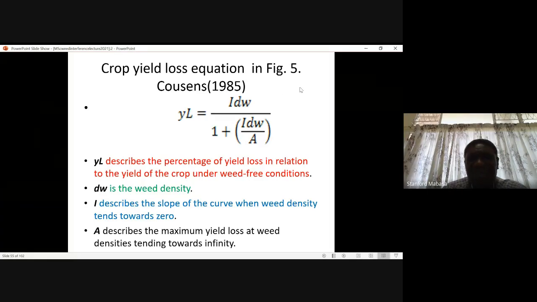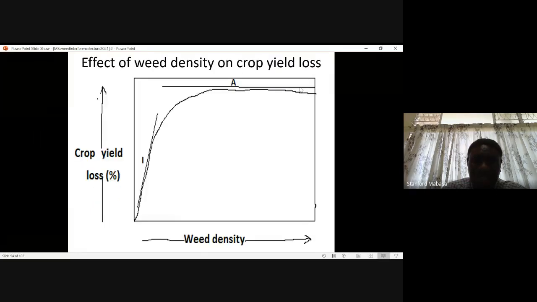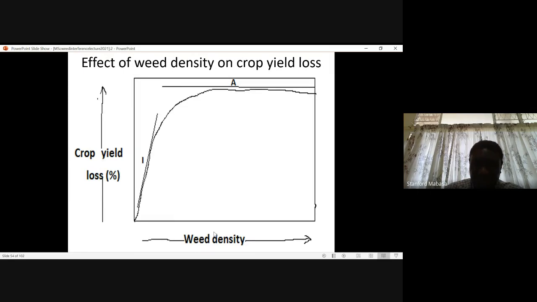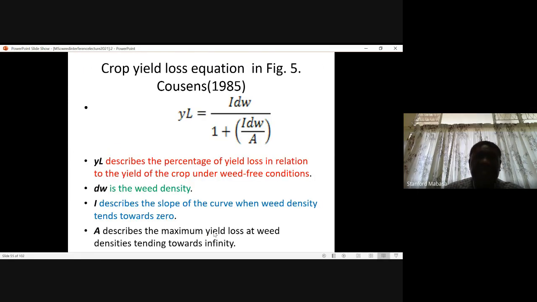The slope of the graph multiplied by the weed density. Let me go back to the graph. Weed density is here, and it is represented as Dw, sorry.